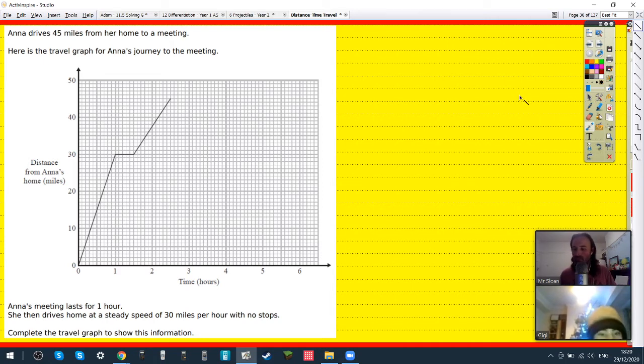Alright, so it'll be a straight line from 2:30 to 3:30. Mm-hmm.